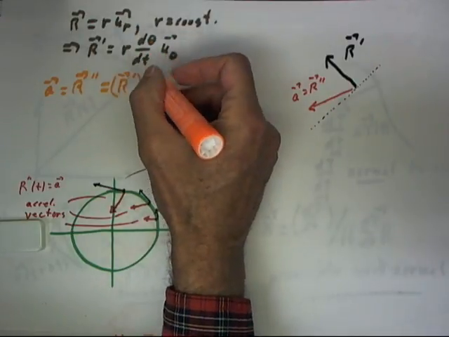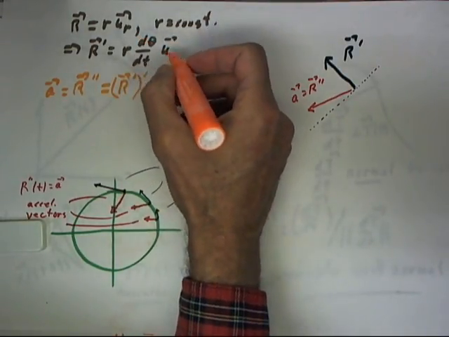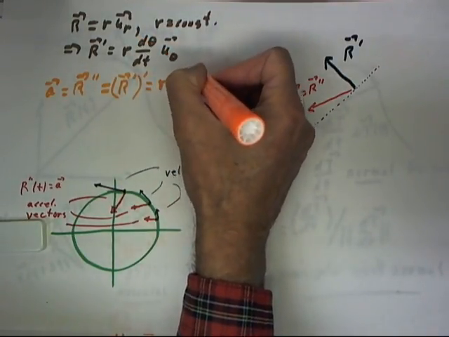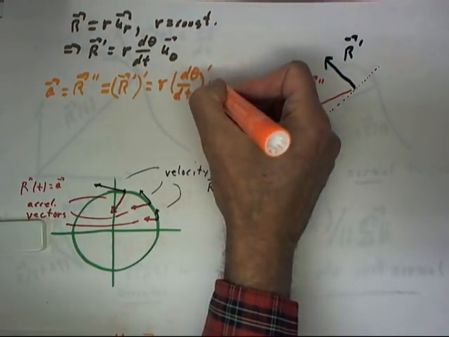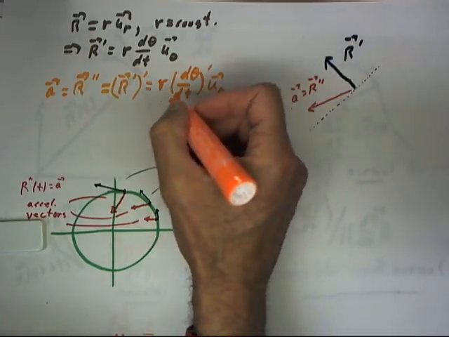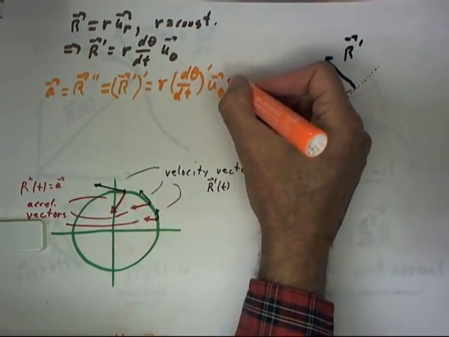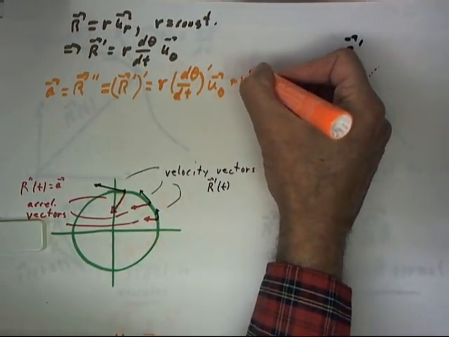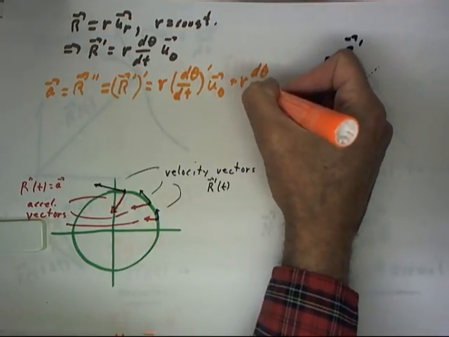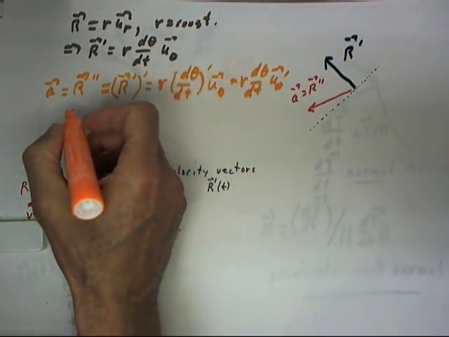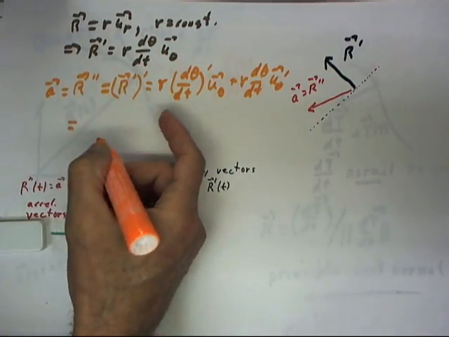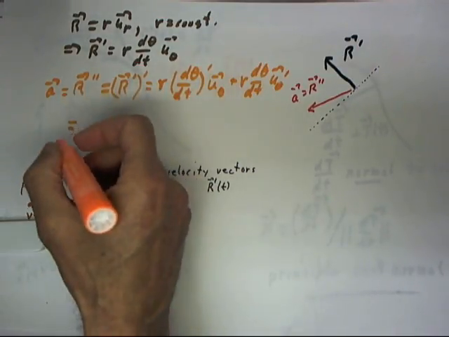And we get then r times the derivative of theta prime with respect to t times u theta, plus r dθ/dt times the derivative of u theta. And that's easily worked out.